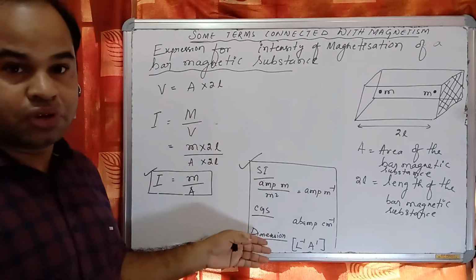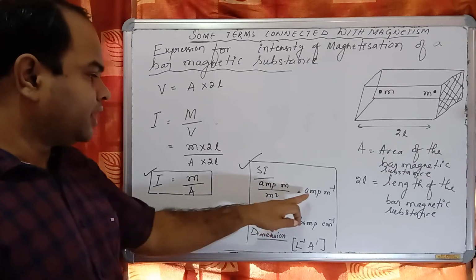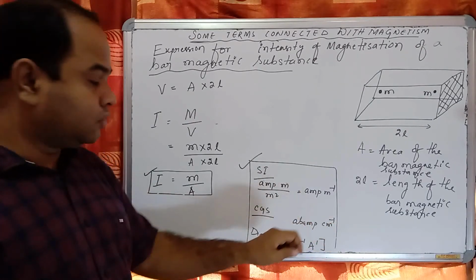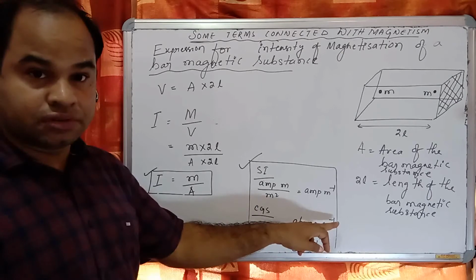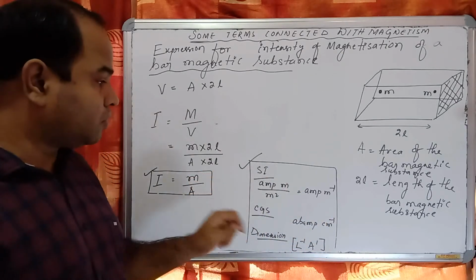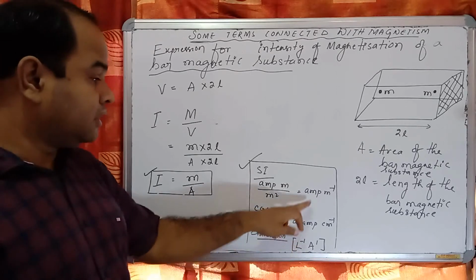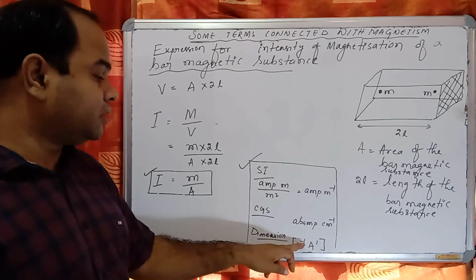This is important, a short question in the exam. Similarly in CGS system, the unit is ab ampere cm inverse. The dimension is L to the power -1 A to the power 1.